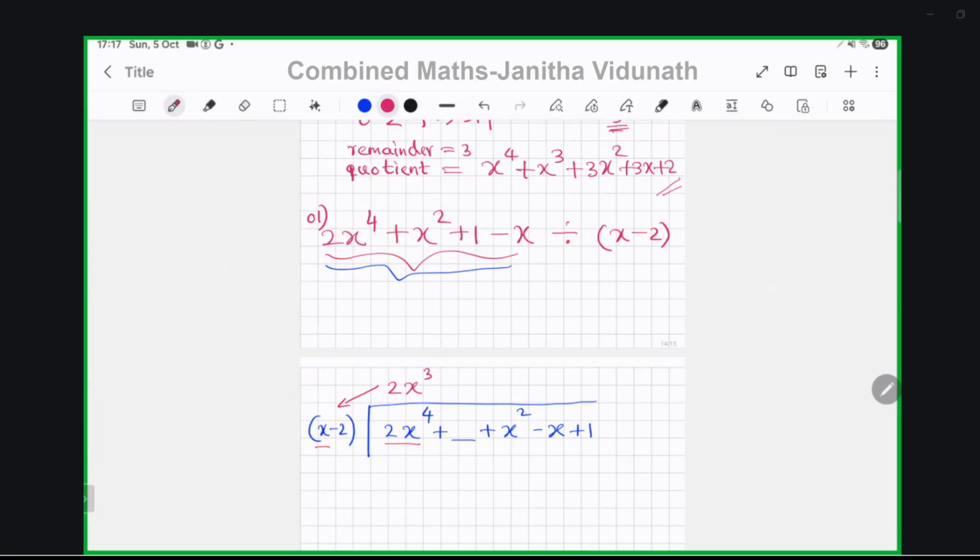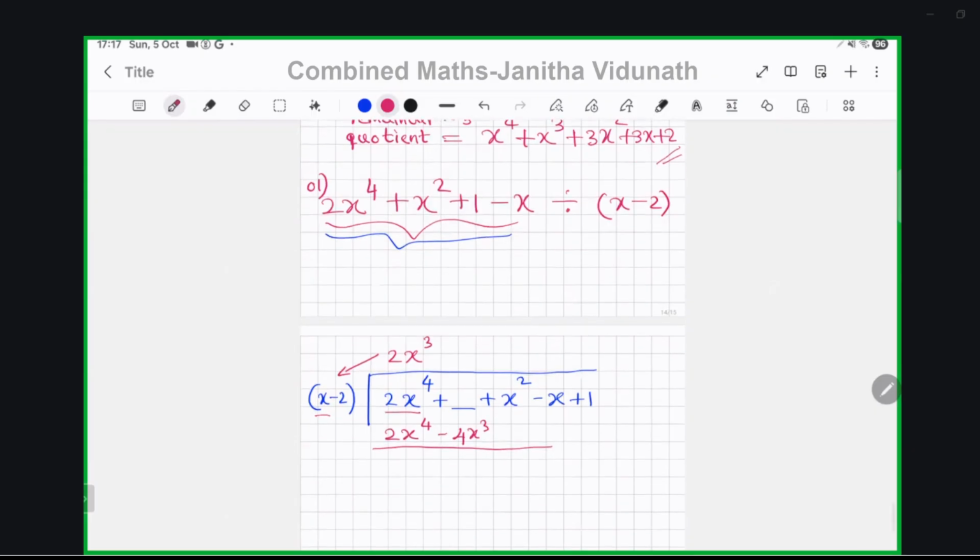Then it will give 2x to the power 4 minus 4x cube. Then we need to subtract those. Then it will cancel out this term and minus 4x cube will become plus 4x cube when we subtract it.